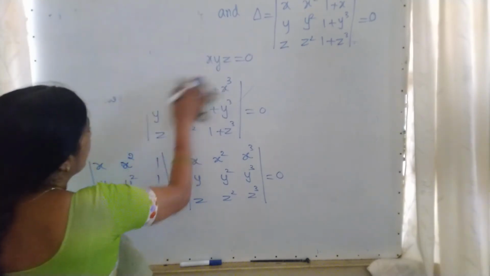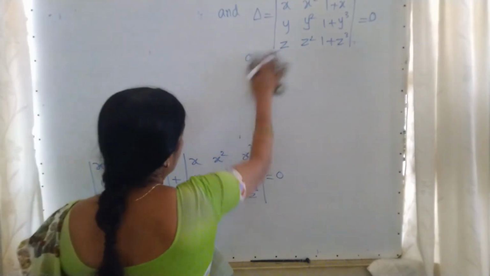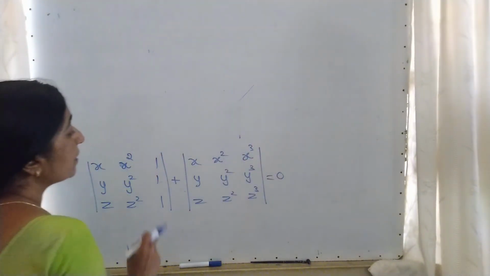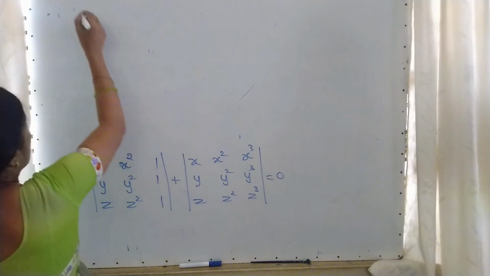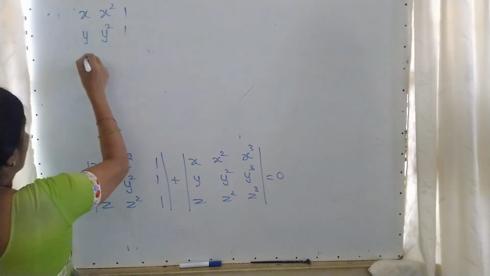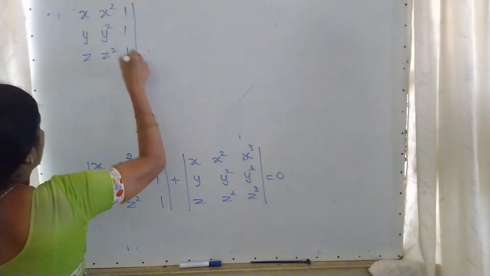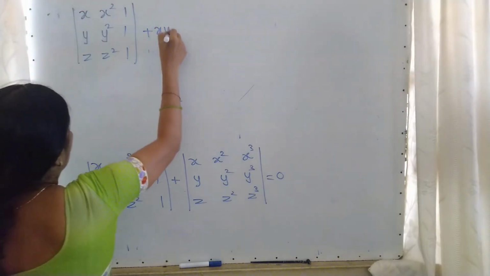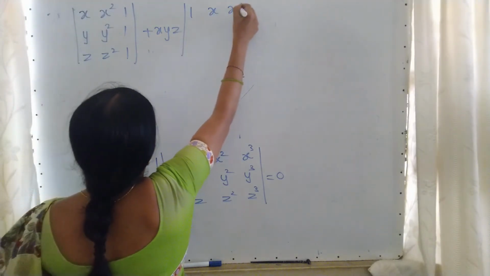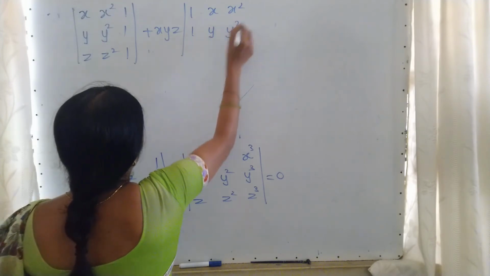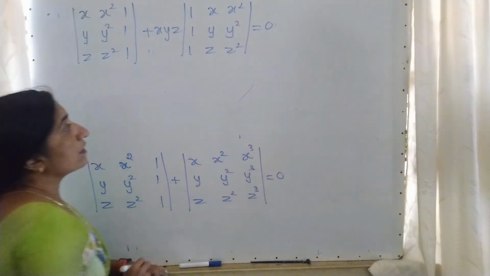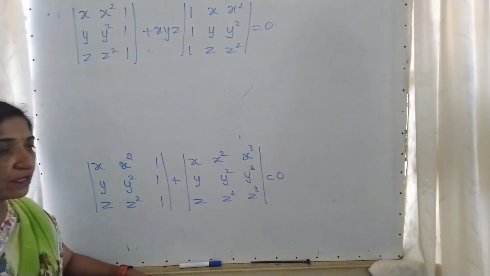In the second determinant, what is common? X is common in the first row, y is common in the second row, z is common in the third row. This is xyz times the determinant 1, x, x square, 1, y, y square, 1, z, z square.